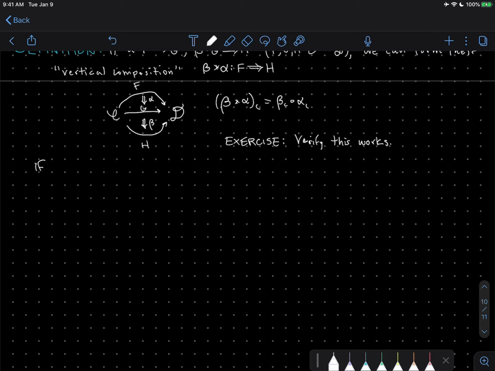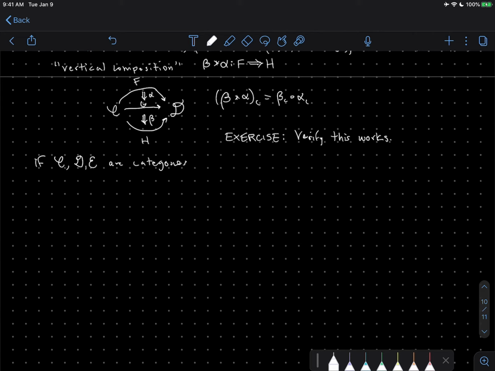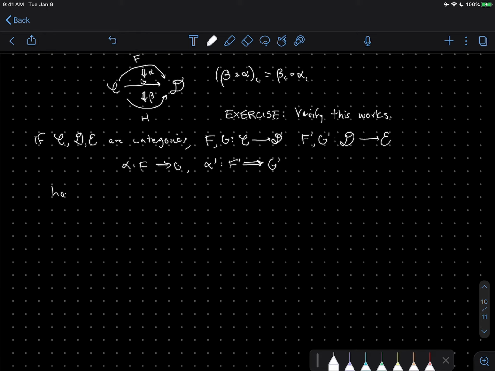Now, if C, D, and E are categories, F and G are functors from C to D, and F prime and G prime are functors from D to E, and alpha is a natural transformation from F to G, and alpha prime is a natural transformation from F prime to G prime, we can form their horizontal composition pictorially.